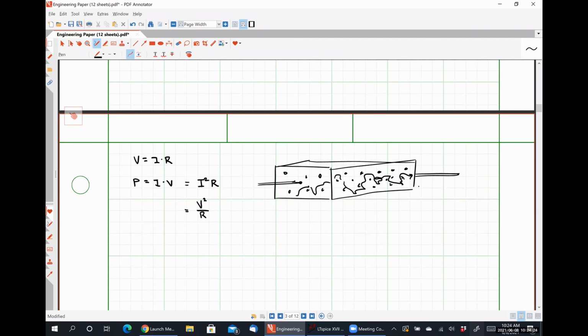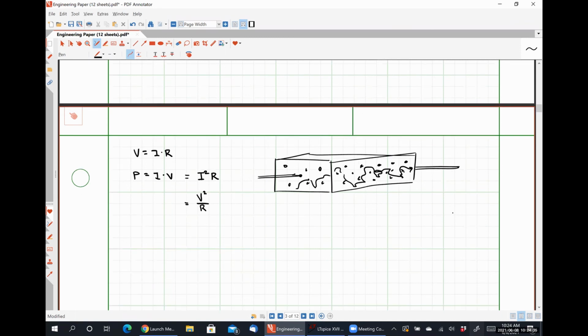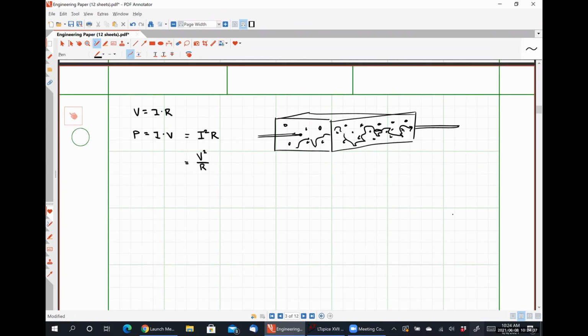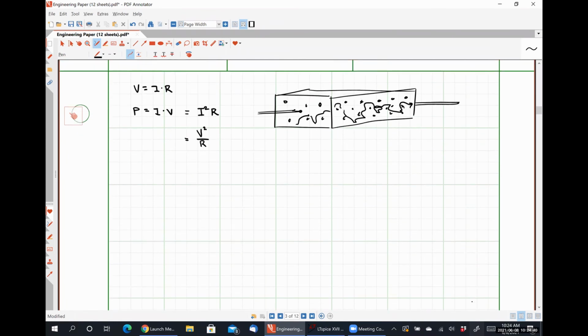So you guys may not be fully aware of this, but if you or your parents own an electric stove or something like that, the heating elements of your stove, and I'm going to draw a terrible representation of one.